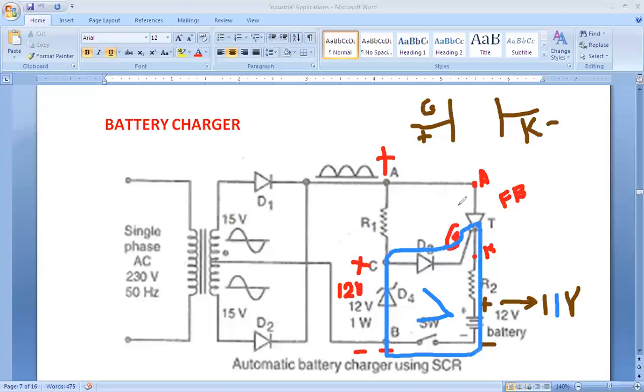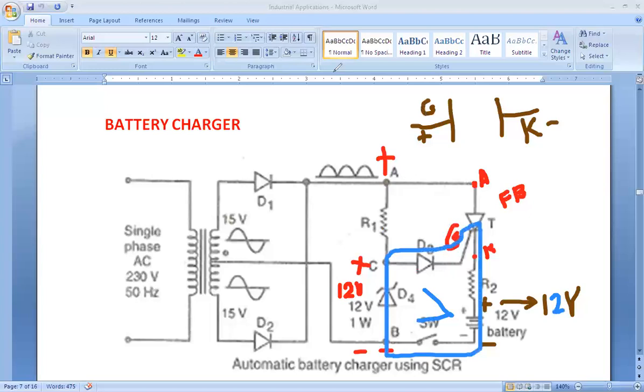Okay. Now after some time the battery voltage develops to 12 volt. Now what will happen here? The Zener diode voltage is 12 volt and the developed voltage level in the battery is also 12 volt. So the potential difference between the Zener diode and battery is equal to 0.